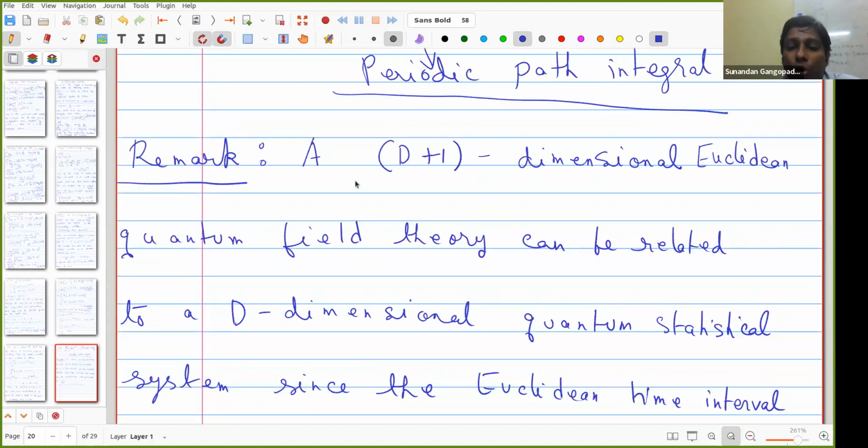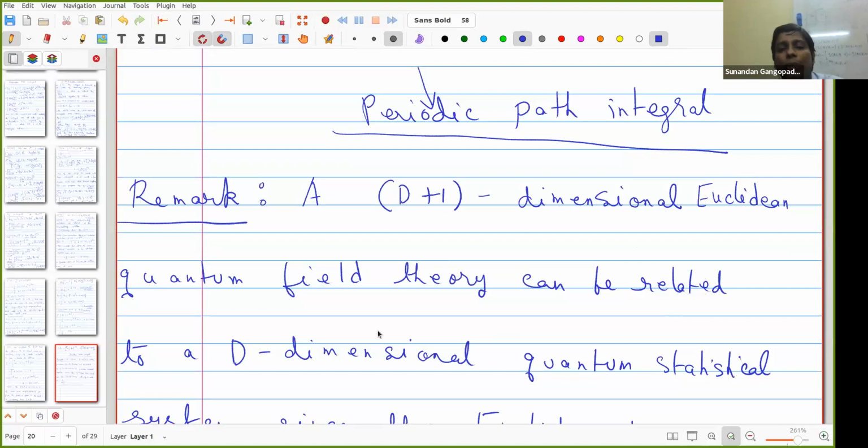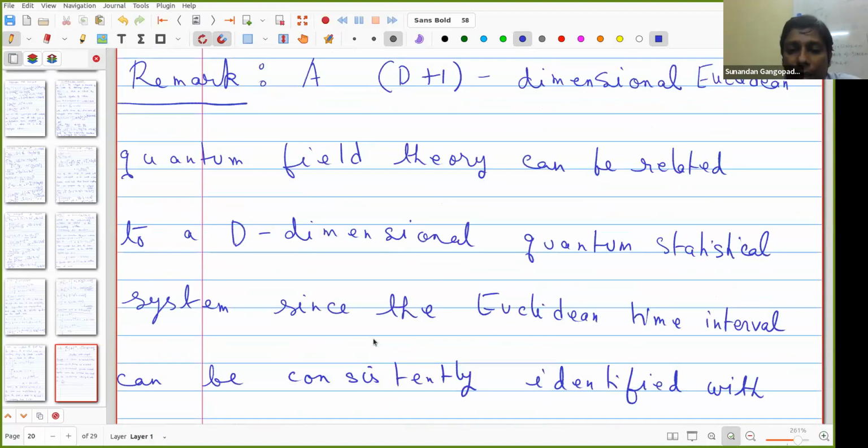So the important take home lesson is the following: you can view a quantum mechanical problem as a statistical mechanical problem, and vice versa, or more generally a statistical mechanics problem in some dimensions can be viewed as a quantum field theoretical problem with one time dimension. So that is the connection between a quantum field theory and a statistical mechanical system.